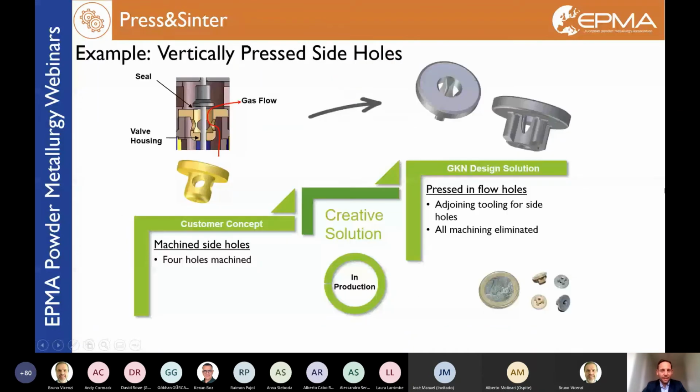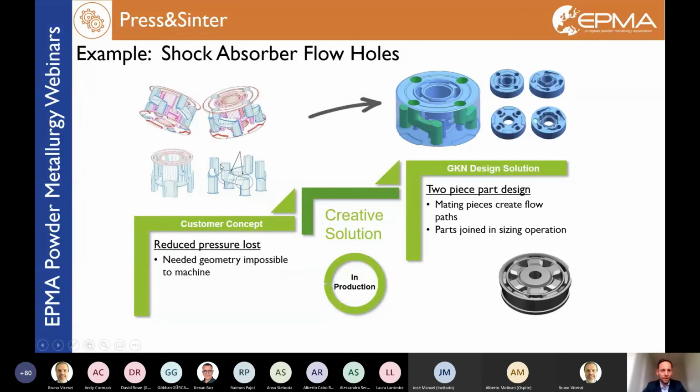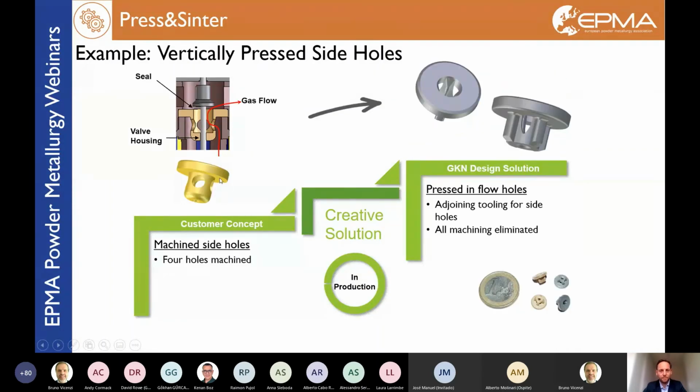Let's start with this example. This was a very small part, as you can see here on this illustration, and it was a kind of a nozzle with radial bores. As we saw in the first slides, this is not feasible since I cannot extract.